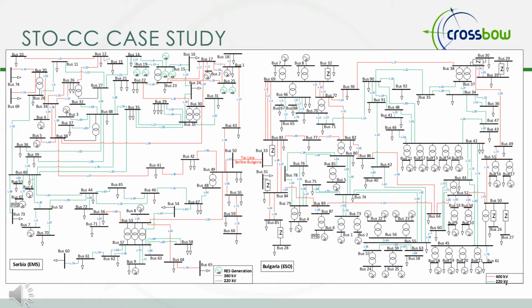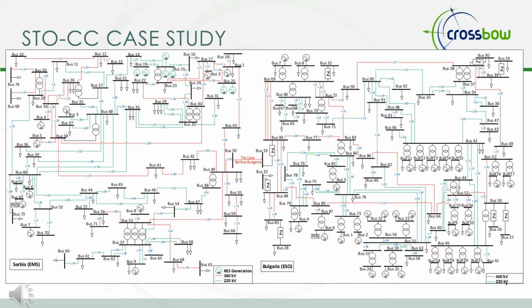This is the equivalent network that we use to implement STO-CC. So on the left-hand side you have the Serbian network, where most of the renewable energy comes from the north part. On the right-hand side you have the Bulgarian network, where also most of the renewable energy, which is wind and solar, comes also from the north part.